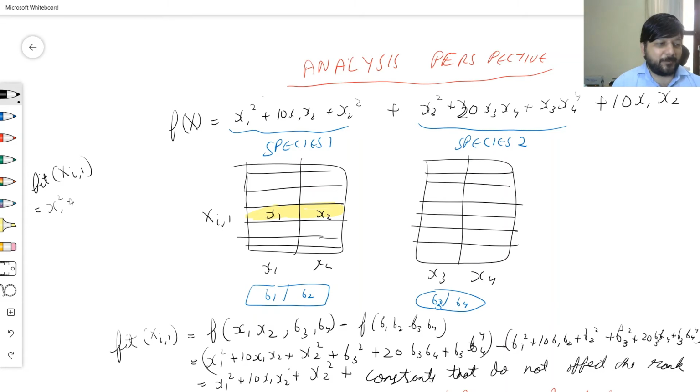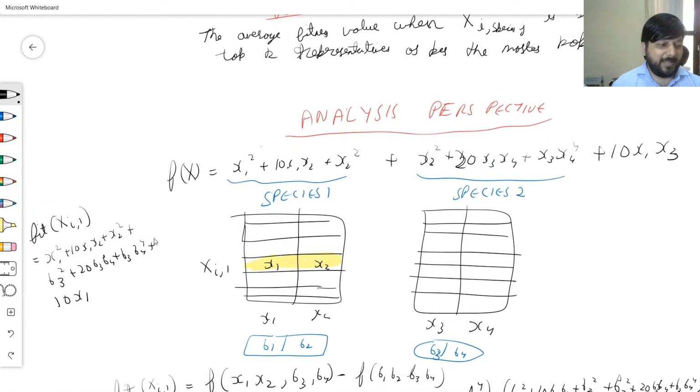So this becomes x1 squared plus 10 x1 x2 plus x2 squared plus b3 squared plus 20 b3 b4 plus b4 squared plus 10 x1 b3, which is equal to x1 squared plus 10 x1 x2 plus x2 squared plus 10 x1 b3 plus a constant.